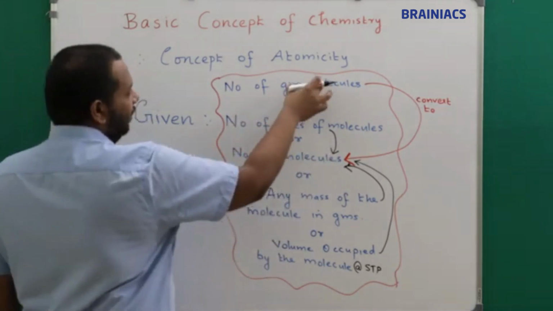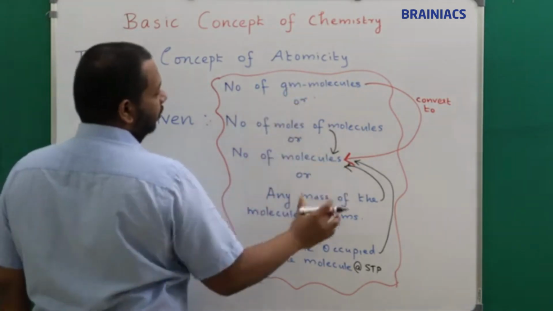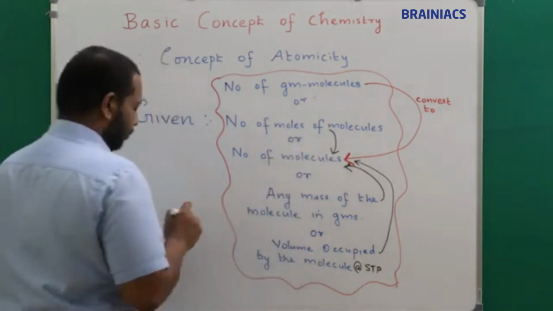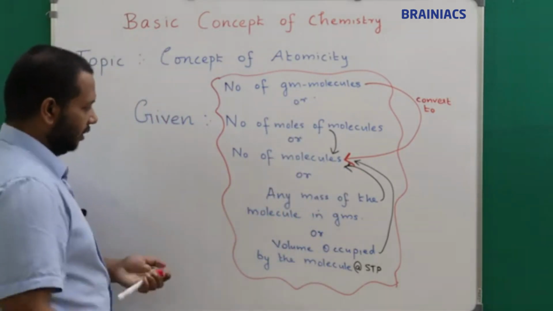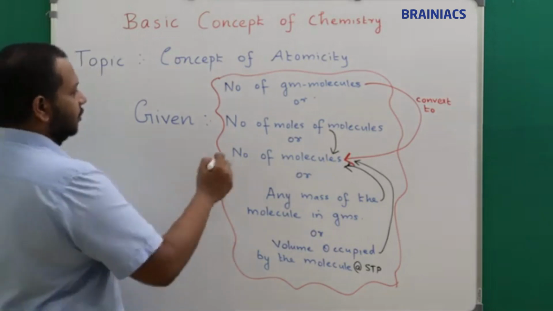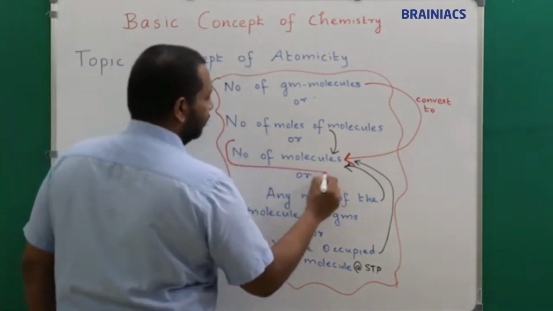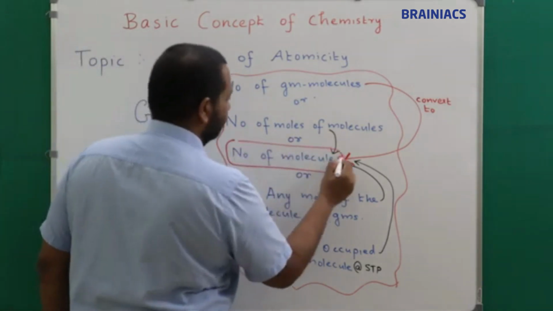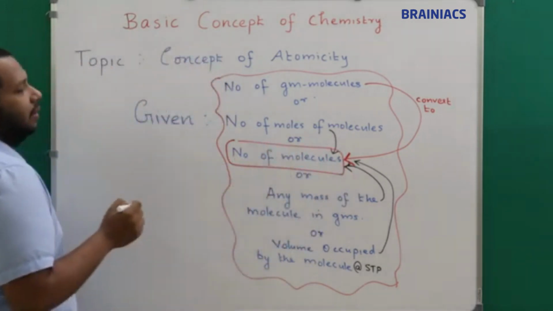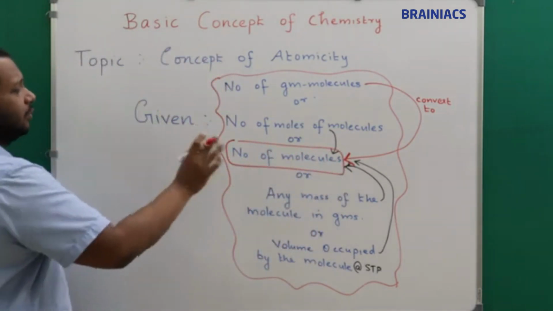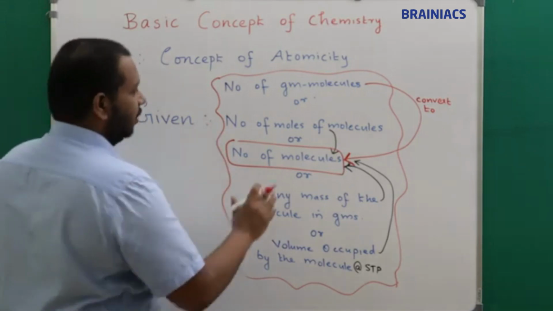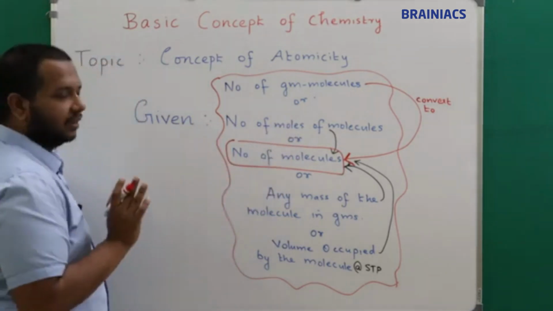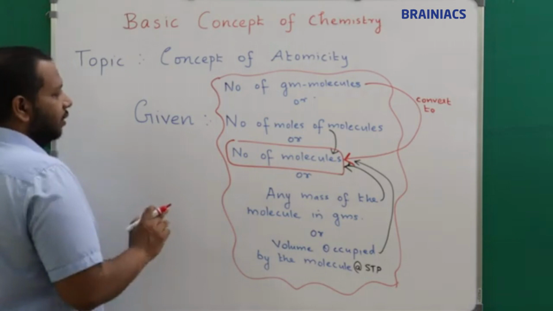If they are giving any other terms other than the number of molecules, convert that to number of molecules first. Okay. So first step is converting it into number of molecules. Once you know the number of molecules, stop there. First you calculate that. And next what you need to do?